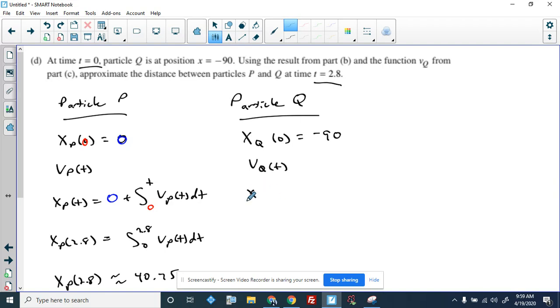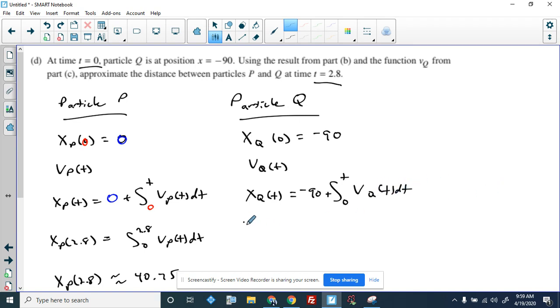So in other words, xq of t is going to equal the integral from something to t. What would it be? It'd be from 0, and then negative 90 out here, of vq of t dt.